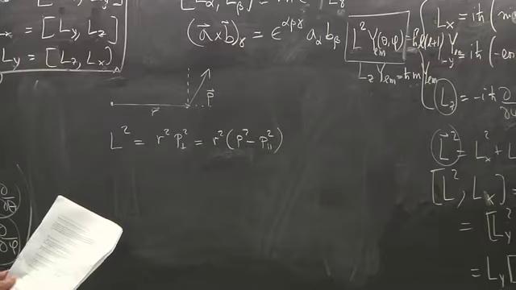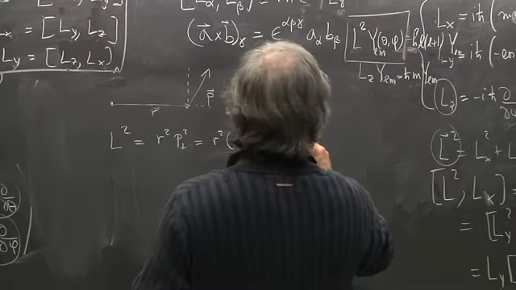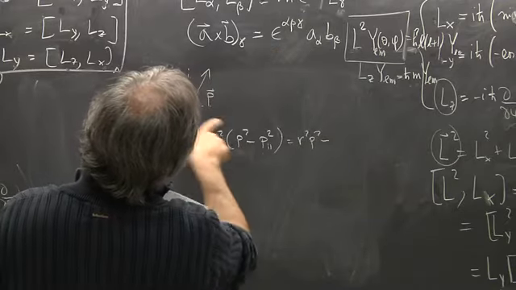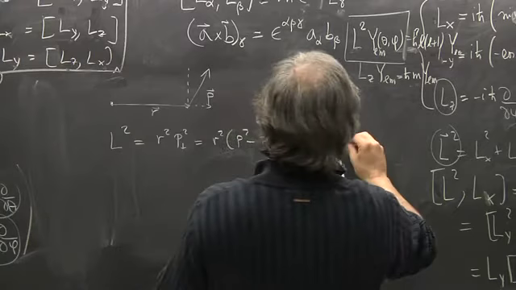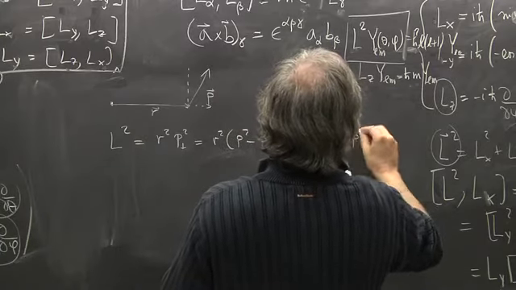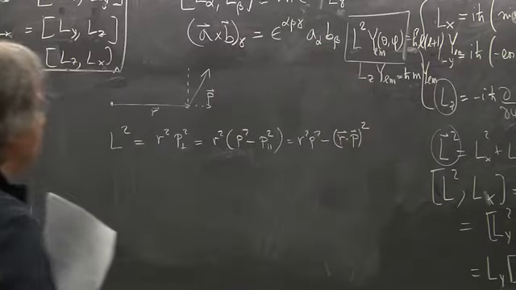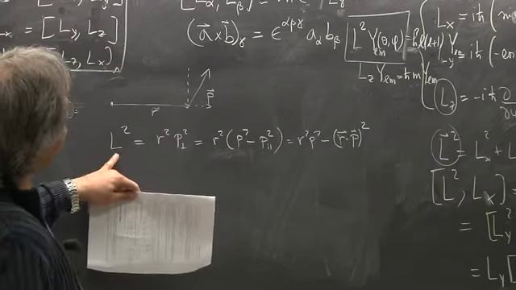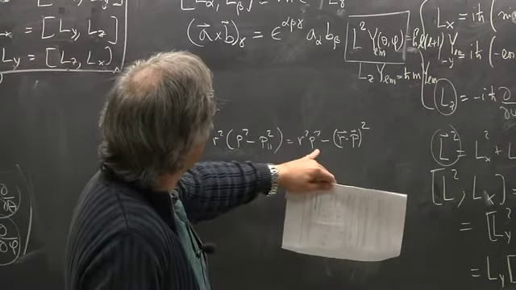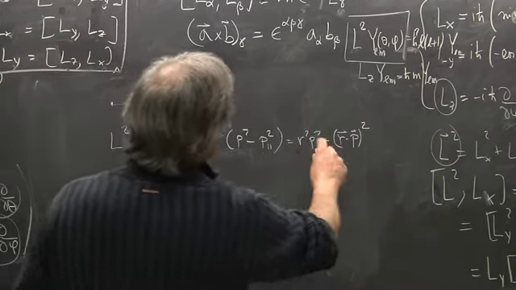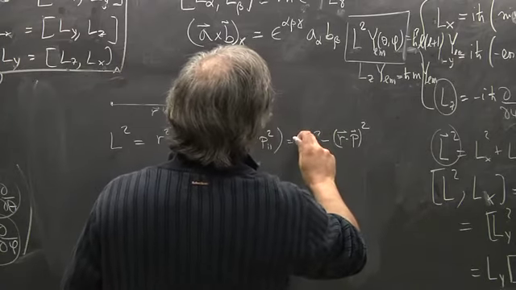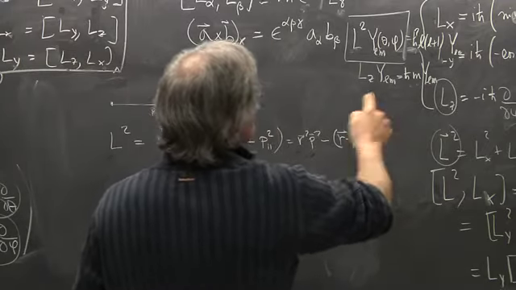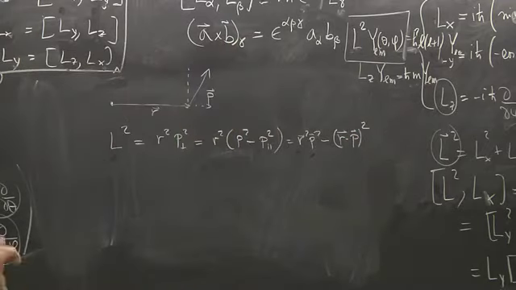Okay. Now, you can also rewrite this as r squared p squared minus, you see, the parallel component is what? It is r dot p, right? Squared. Are you satisfied with this? So the square of the angular momentum is just r squared p squared, where these are squares of full vectors, I'm not indicating the vector sign, minus (r dot p) squared. It's very simple.